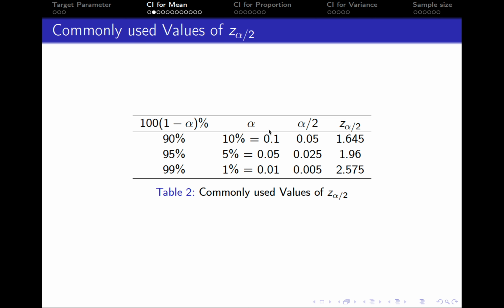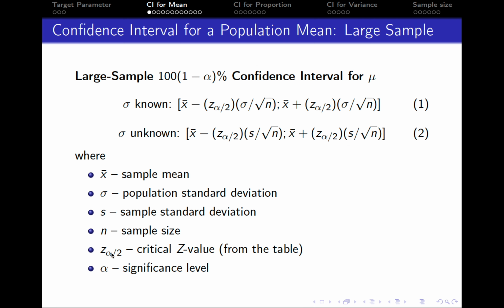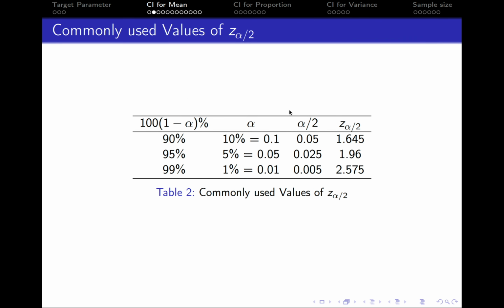And as you've noticed, we don't simply use alpha, we use alpha over 2. So for 10% we get 5% or 0.05. For 5% we get 0.025 for 2.5%, and for 1% we get 0.005 or 0.5%.